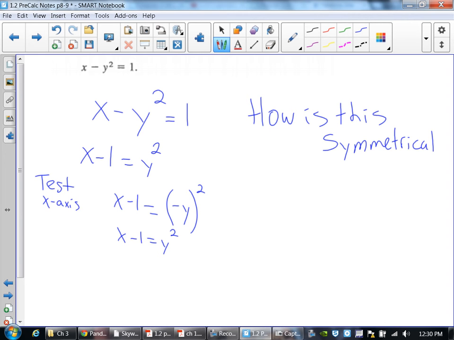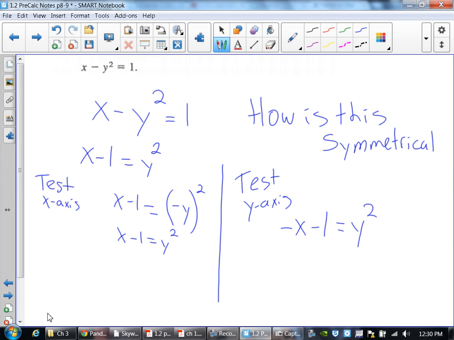If I go to the other one, just to show you how it doesn't work, you test the y. Is negative x minus 1 equal to y squared the same as x minus 1? No. There's nothing I can do about it. So I know it won't work. Does that make sense?